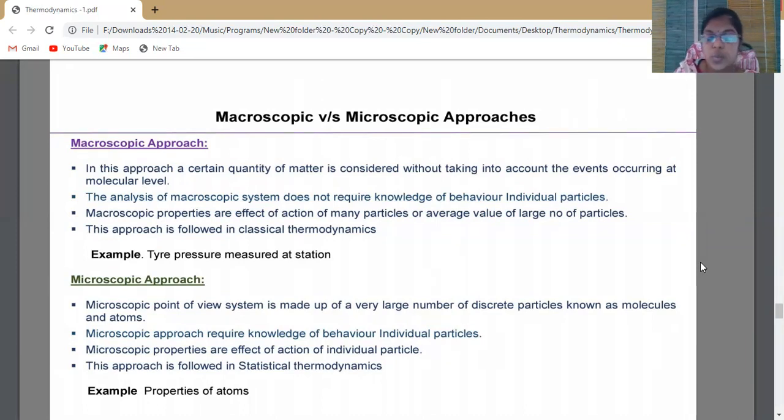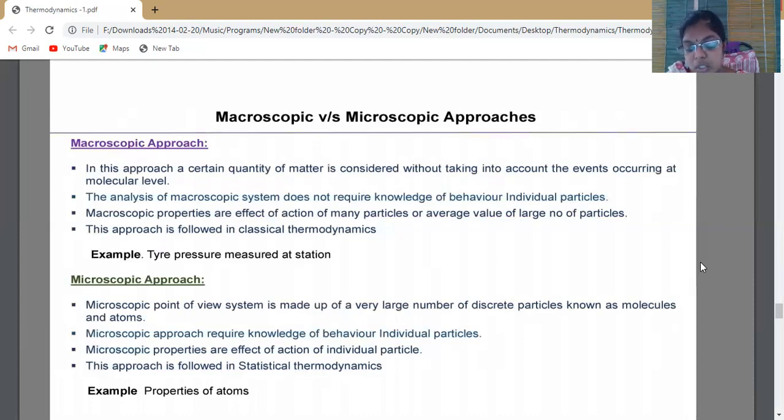By using the macroscopic approach, we are going to calculate the values of pressure and temperature without using a barometer and thermometer. Actually we have a large amount of molecules inside the boiler.